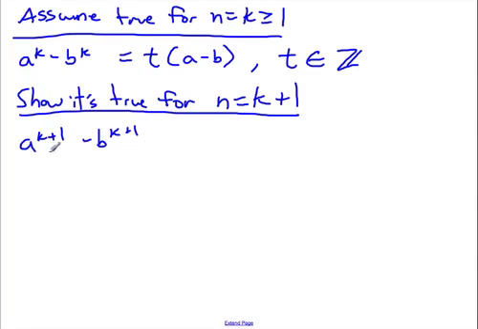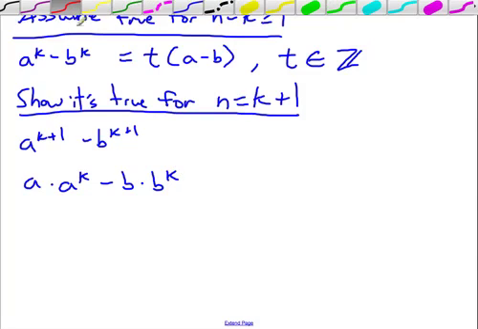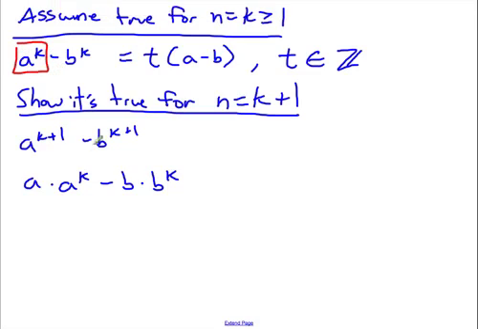And we should here factor out an a and a b to make it look more like our assumption. So we have a to the power of 1, or just a, times a to the power of k, minus b times b to the power of k. Now what we need to do with our assumption is we should probably solve for a to the power of k and then substitute it into our expression over here.